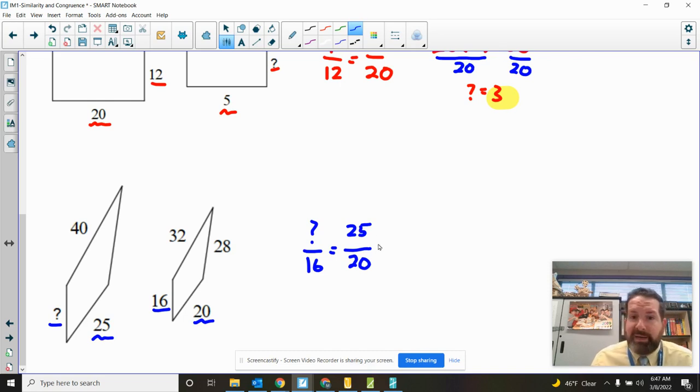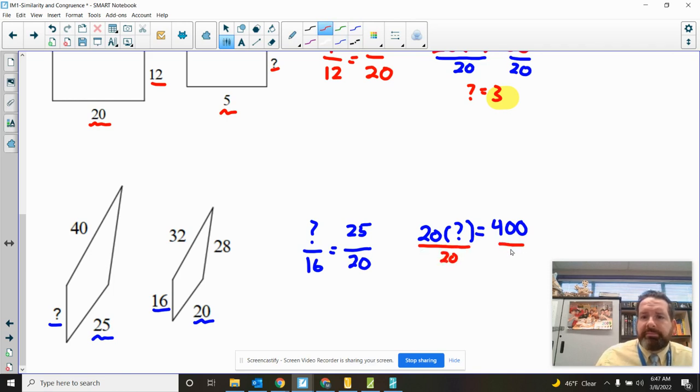Okay, so that's all in the right spot. Cross multiply now. 20 times question mark equals 25 times 16. That should be 400. Sure enough. Divide by the 20 to finish off. And we end up with question mark equals 20.